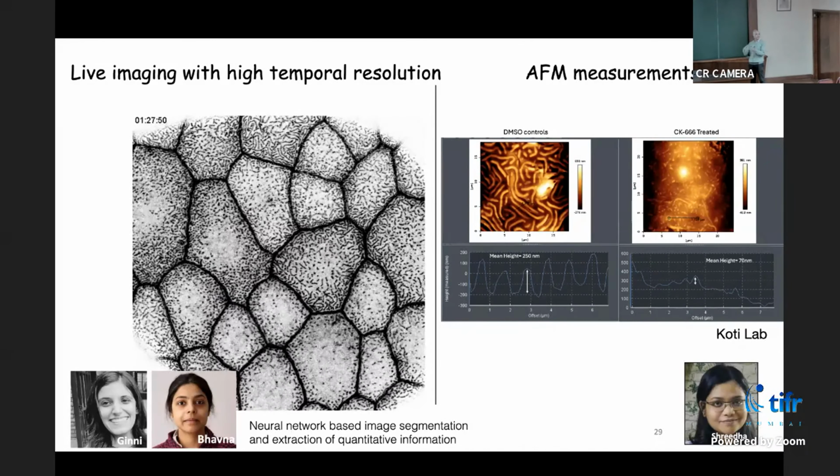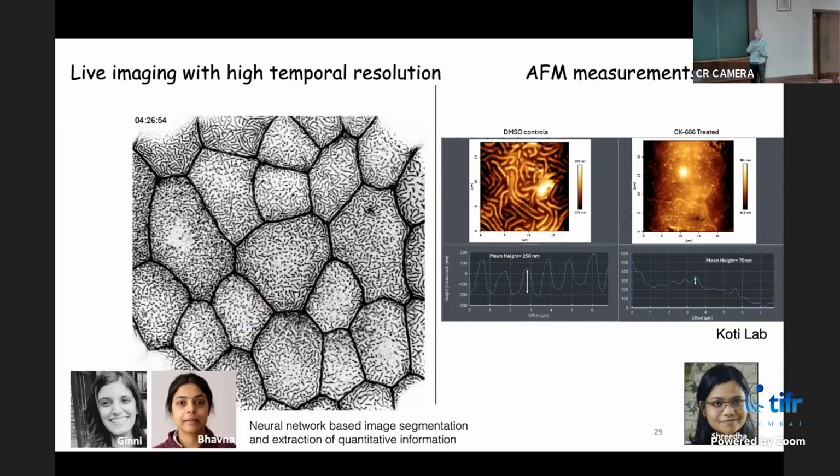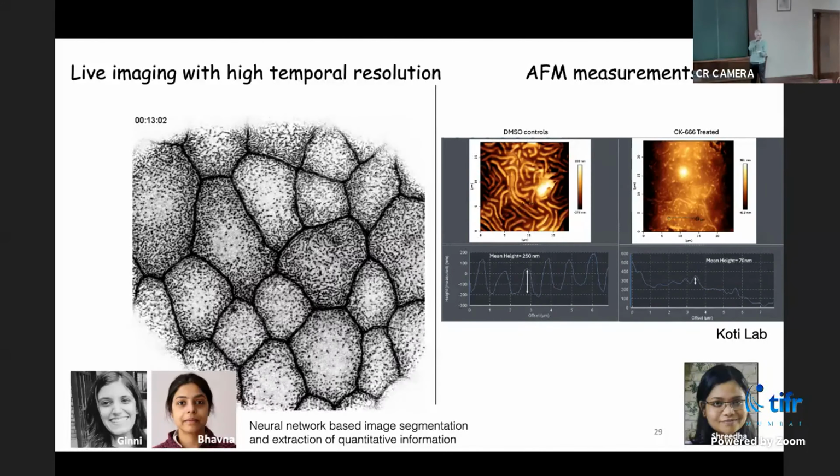We are also trying to measure the height of these projections. Until now we have been looking at all these projections in 2D, from the top, but they have heights, and this is where Koti's expertise was quite useful to us. In collaboration with him, we have been able to figure out how tall these are.